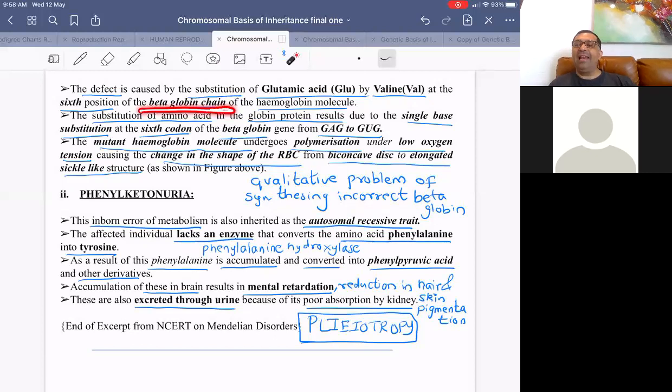Do you remember? In thalassemia, the alpha chain and beta chain were affected, and here you're having a beta globin chain of the hemoglobin molecule being affected. And pay attention, all of you, what will happen? Glutamic acid is substituted by valine.